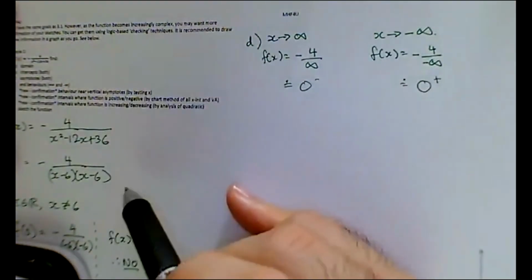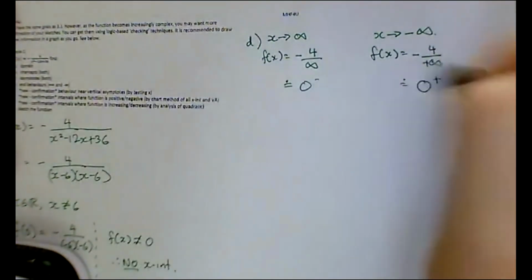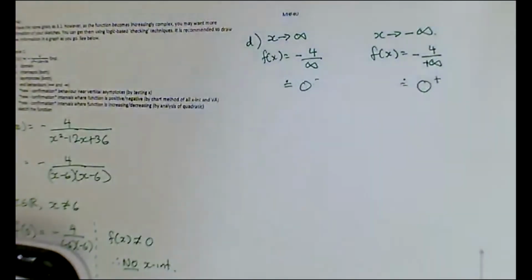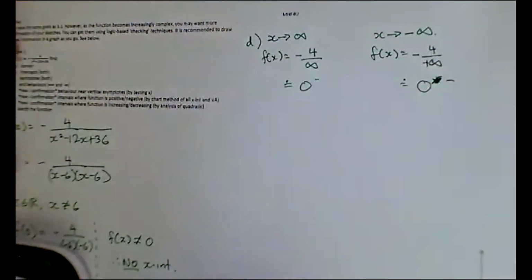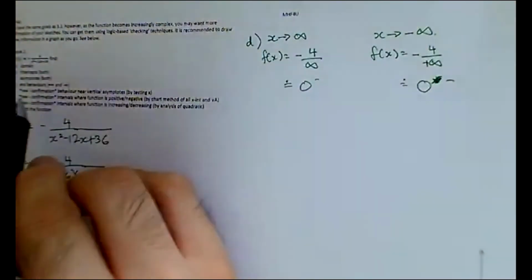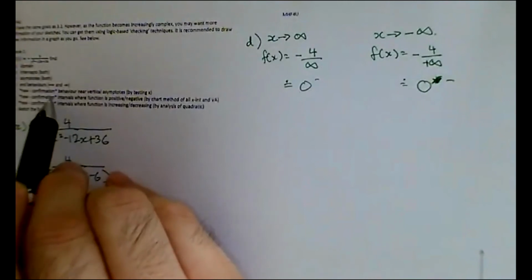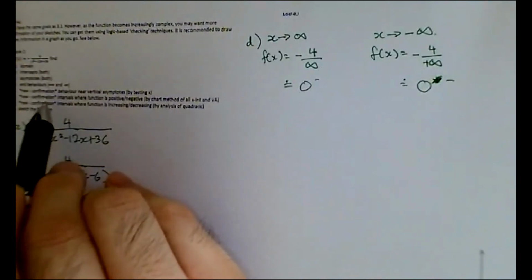Oh, wait, yeah, negative infinity times negative infinity is a positive. That's a plus, which means that's a negative. Correct. Part E. I wrote this as new, but we did it already in the previous example.